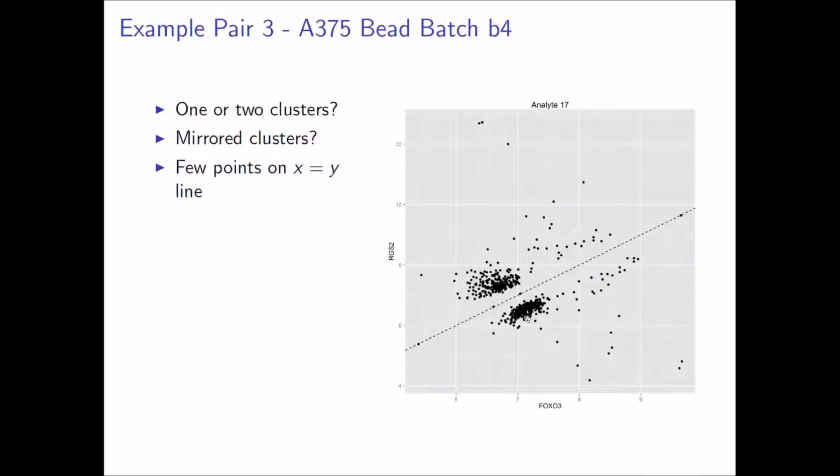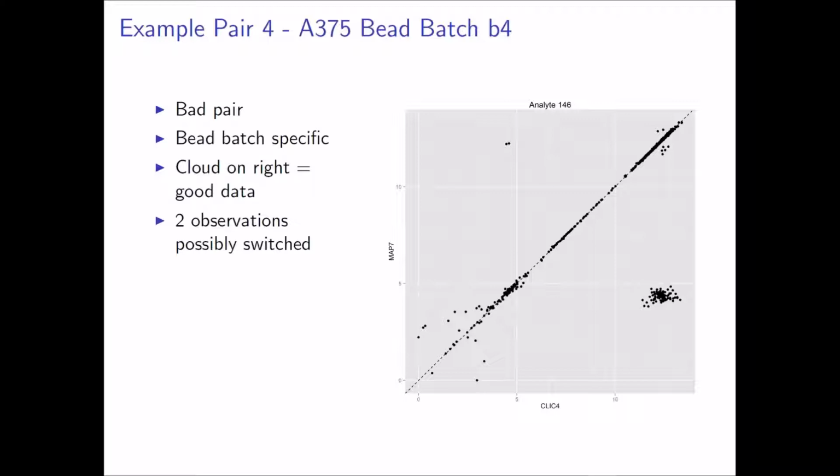From my understanding, I would expect all the points to be predominantly on one side of this line, where one gene is expressed more highly than the other. So insight into this type of artifact could be really helpful.